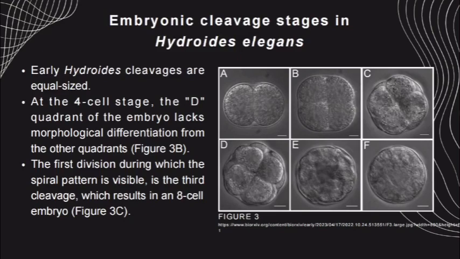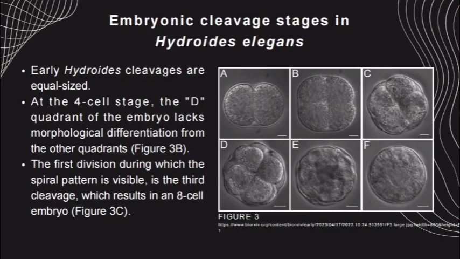Unlike other Spiralia members and even other annelids, at the four-cell stage, the D quadrant of the embryo lacks morphological differentiation from the other quadrants. As you can see, it's just the same. No morphological changes or differentiation from other quadrants of the cleavage.